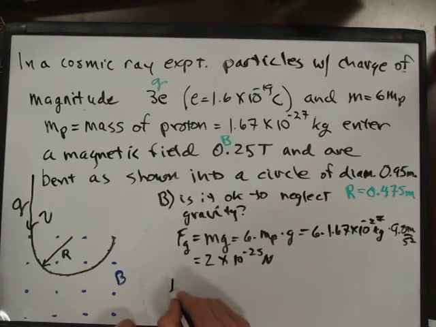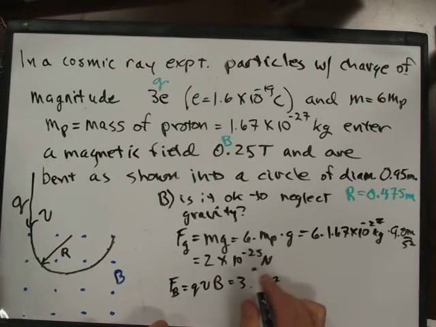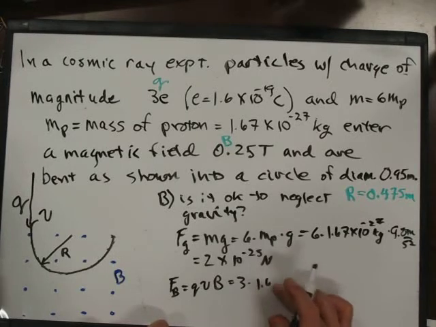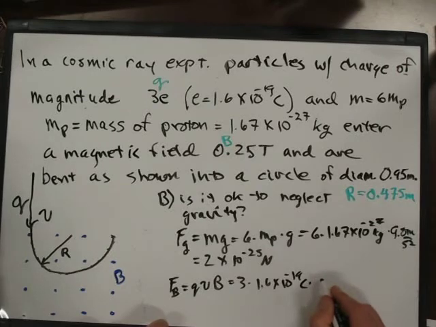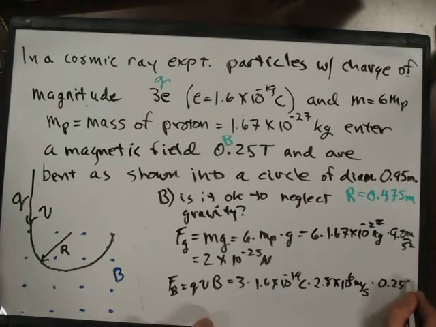And the question is, how does that compare to the magnetic force, which is QVB? Now that we've got the V, we can evaluate this. The Q is 3 times 1.6 times 10 to the minus 19th coulombs, times the speed which we got a second ago, 2.8 times 10 to the 6th meters per second, times 0.25 Tesla.